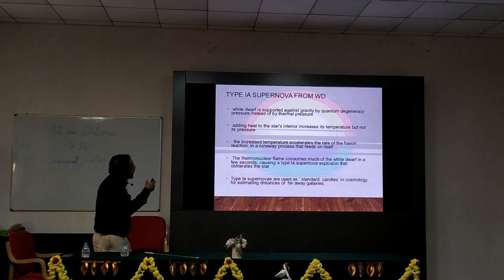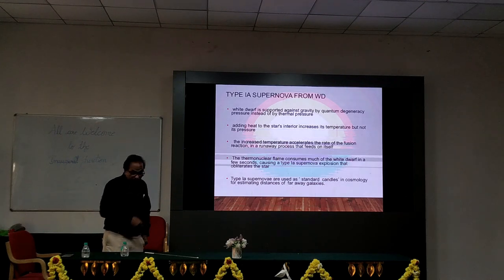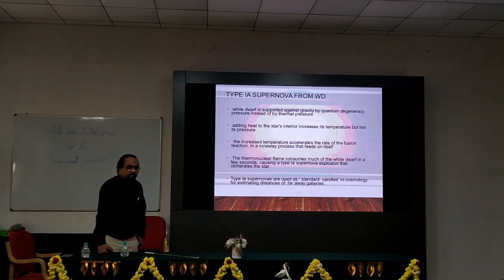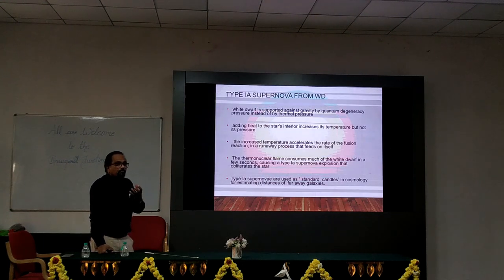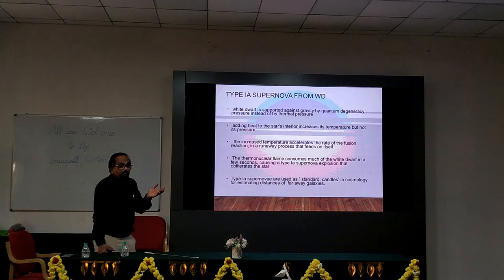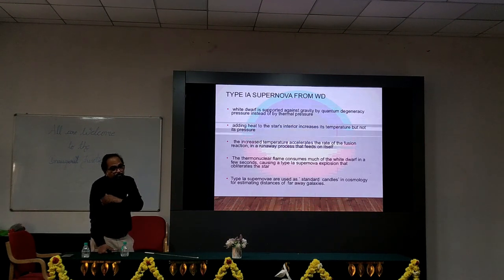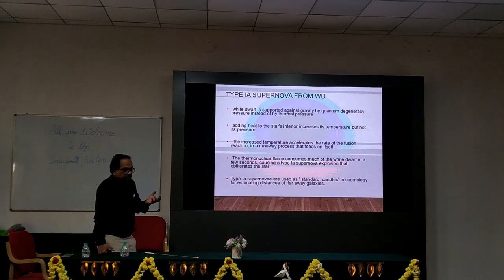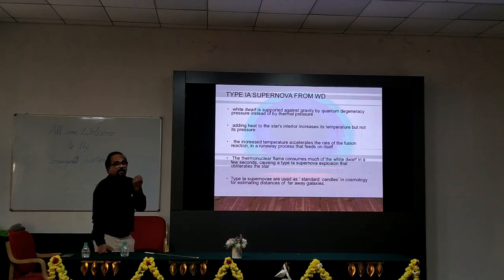Also, white dwarfs can be used as material for testing general relativity. Why so? Because they provide very strong surface gravity. As I was mentioning, the spectral lines from the surface will be redshifted. It takes away energy, very simple to understand.